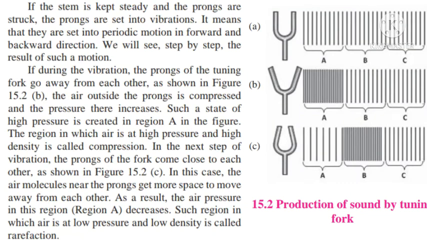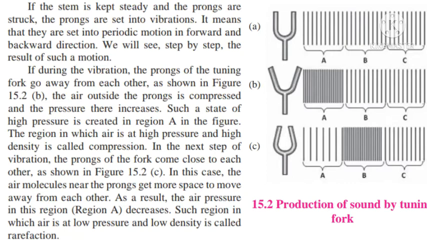If during the vibration the prongs of the tuning fork go away from each other as shown in figure 15.2b, the air outside the prongs is compressed and the pressure there increases. Such a state of high pressure is created in region A in the figure.